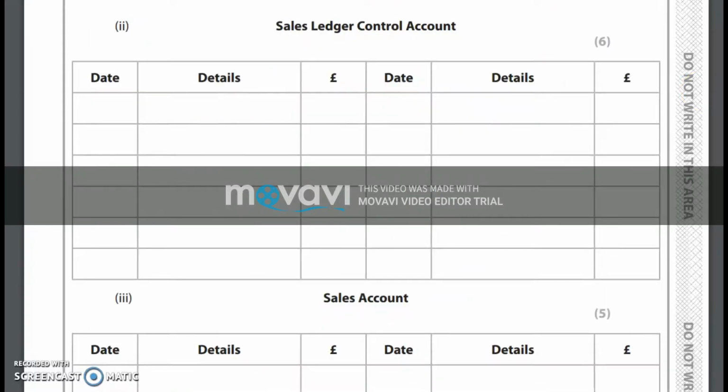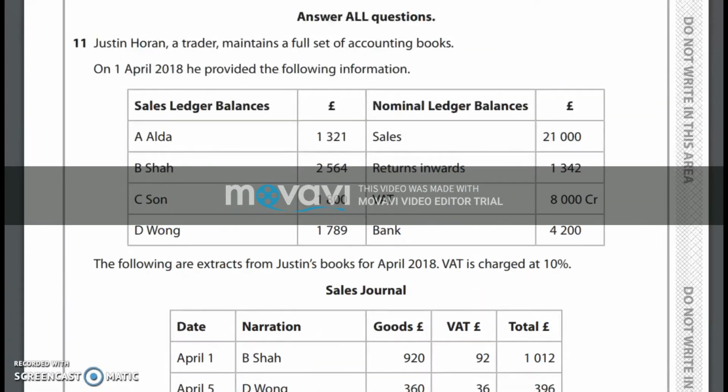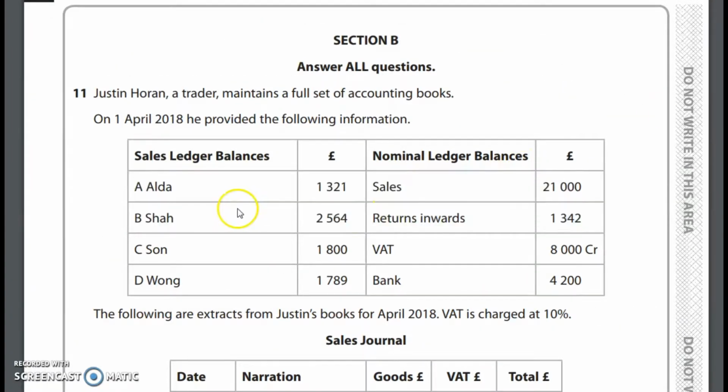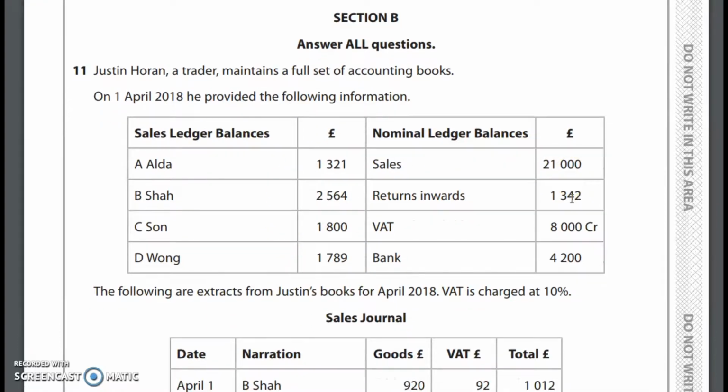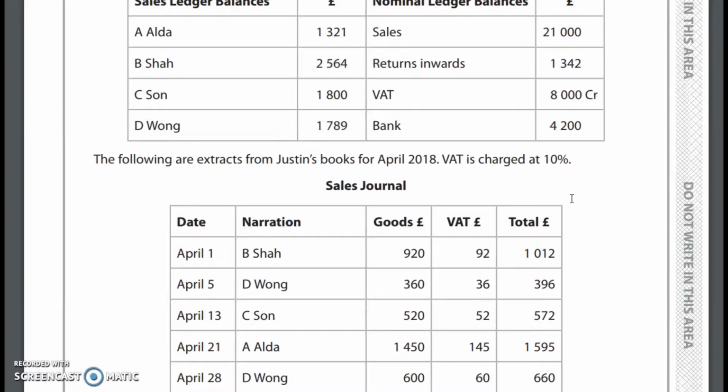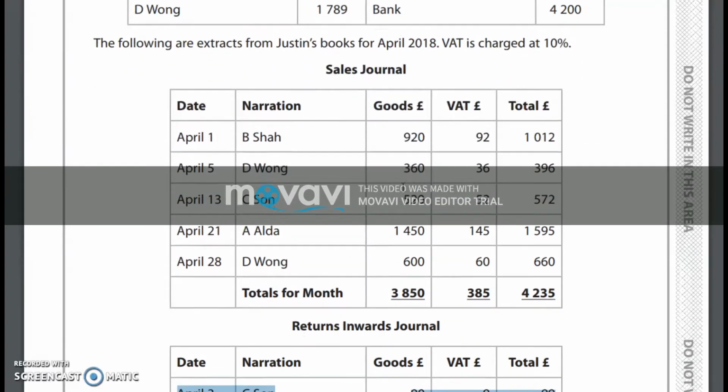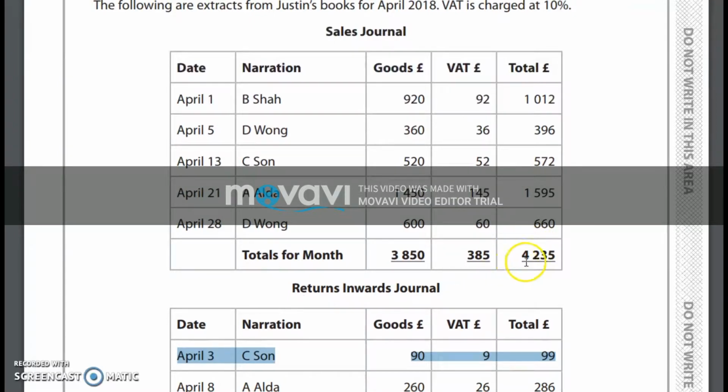Next, we have to move on to the next piece of information relevant to trade receivables. After entering the opening balance, the next thing we got to consider is the sales journal. In the sales journal, we have a total of 4,235.